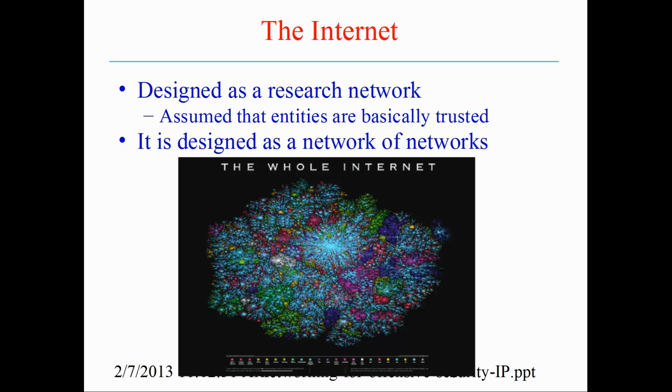Being a research network, ARPANET was designed such that everyone on the network was trusted. So we trusted that when people say, hey, I am this IP address, that's true. I am this MAC address, that's true.